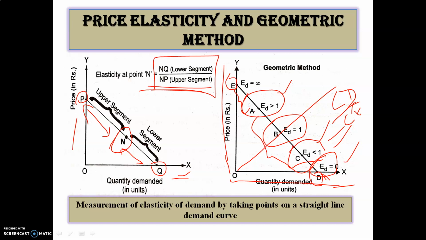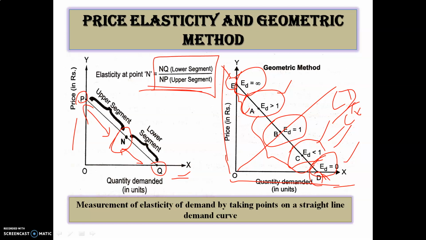Similarly, if you consider ED equal to infinity, here in this case it is representing perfectly elastic demand. Perfectly elastic demand means that a small change in the price level can lead to a huge change in the quantity demanded. Alright, so in this case we do not have the upper segment after point E. So the entire demand curve ED will be the lower segment, right?